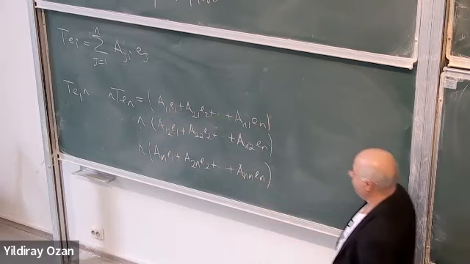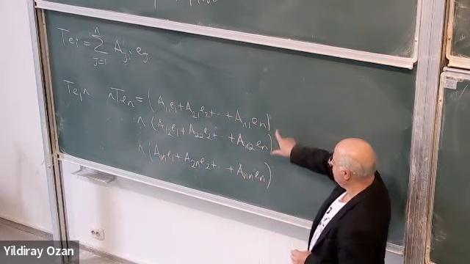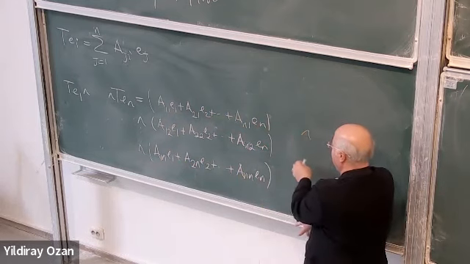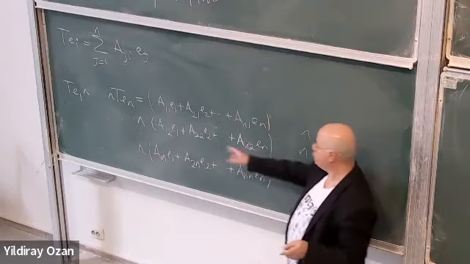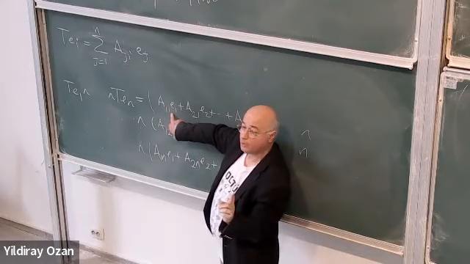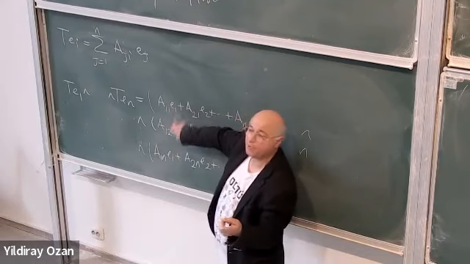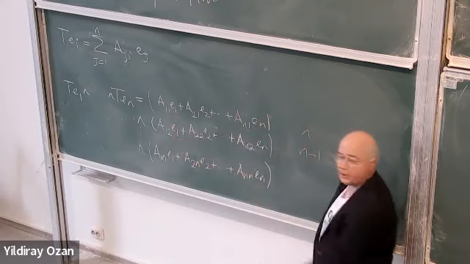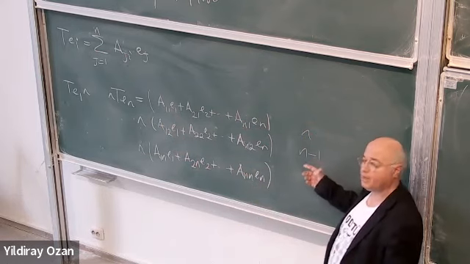Well, we know that, how many terms will we have? Here I have n choices. But we know that if I choose, for example, the e_1 term, then I shouldn't choose e_1 here because e_1 wedge e_1 is 0. So I have to choose one of the n-1 remaining terms.